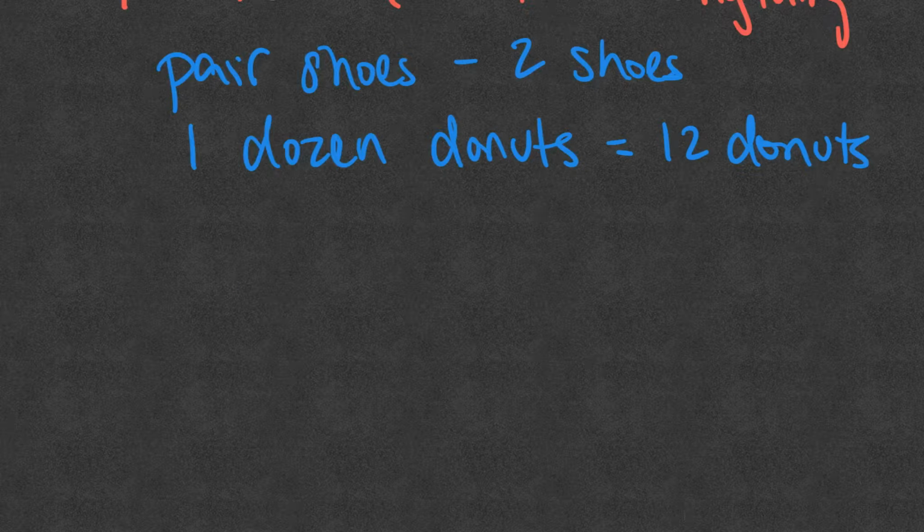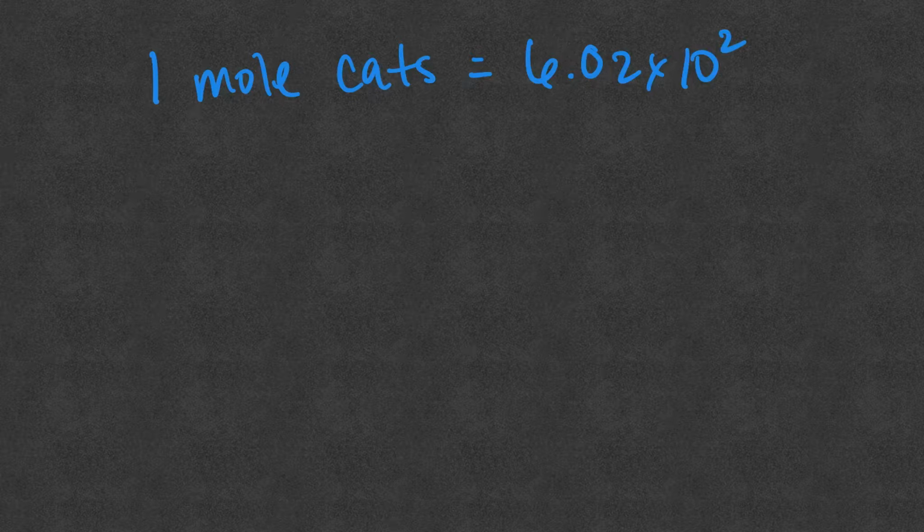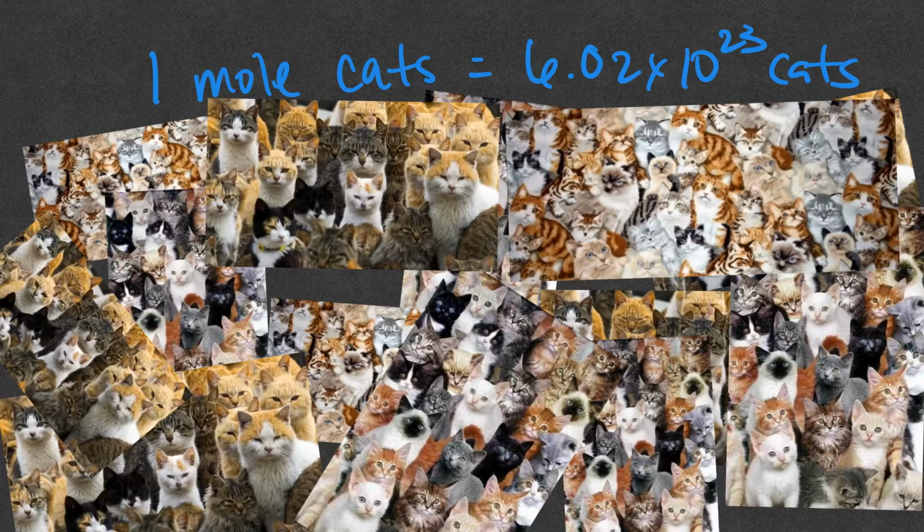In the same way, if I said I have 1 mole of cats, that simply means I have 6.02 times 10 to the 23 cats. The most important point here is that 1 mole of a substance represents 6.02 times 10 to the 23 of whatever we're talking about.